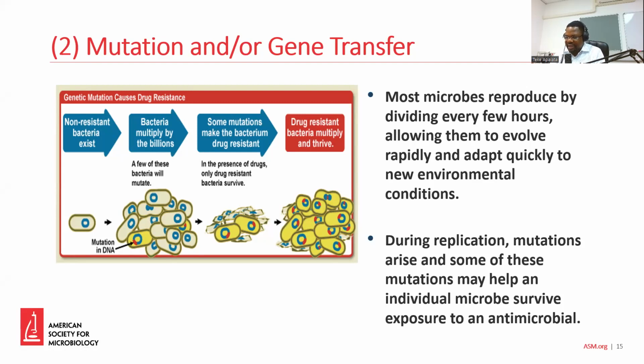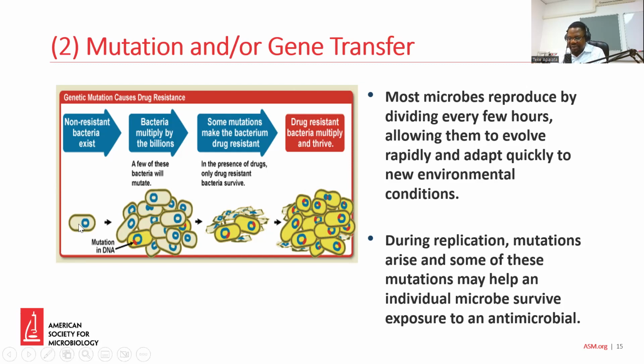So here we are in a situation where you have a microbial population, and none of these carries an existing resistant gene. But during the replication process, mutation can happen, and that mutation will help an individual microbe to survive exposure to an antimicrobial agent.